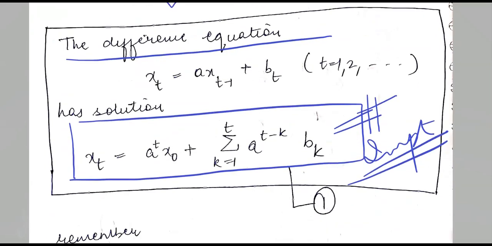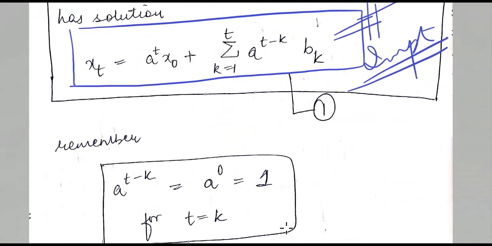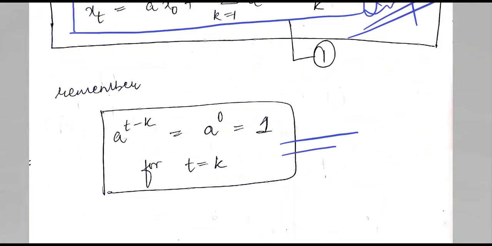Now, this is something that I've already told you: with the last factor that was coming, remember there was one term which just had b, that last b, and it was getting multiplied by a to the power 0, which is nothing but 1. So that last term was just b, right?